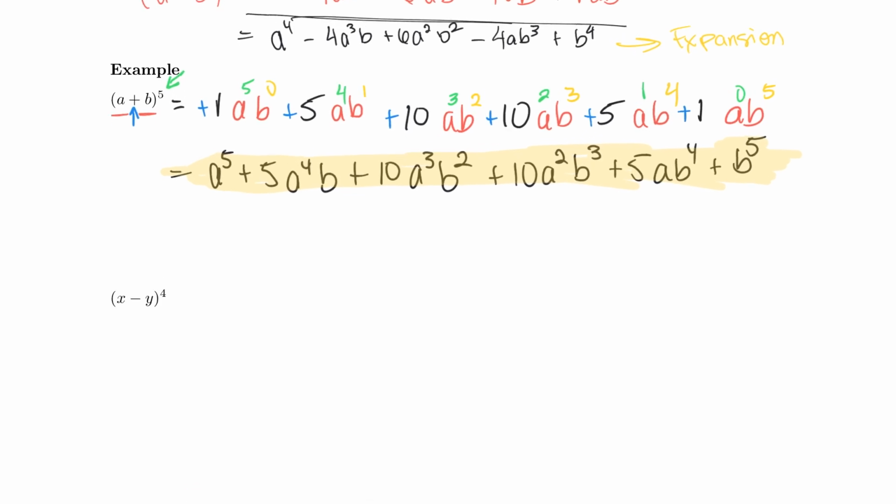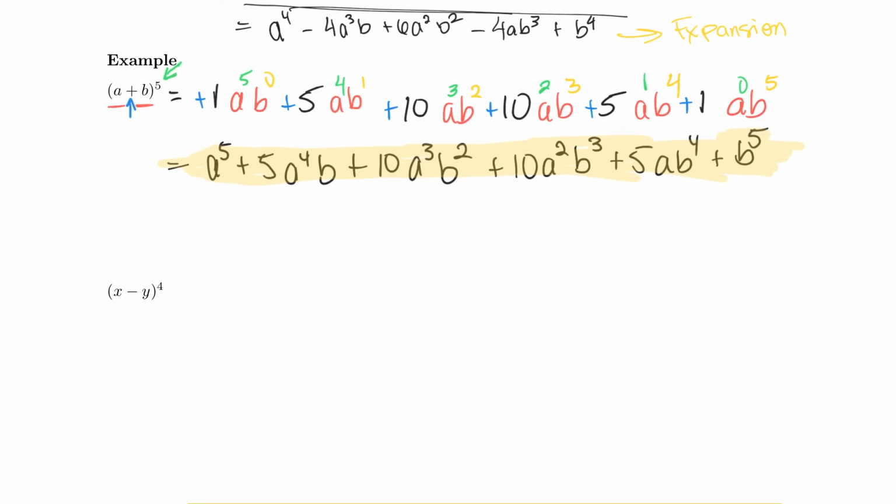We have here (x - y) to the power of 4. Okay, so next thing to do is to get the coefficients. How do we get the coefficients? We look at Pascal's triangle. Okay, so let's build Pascal's triangle really fast right here.